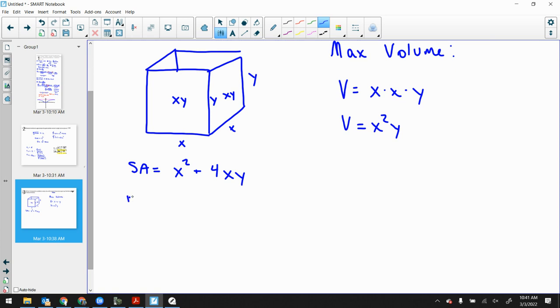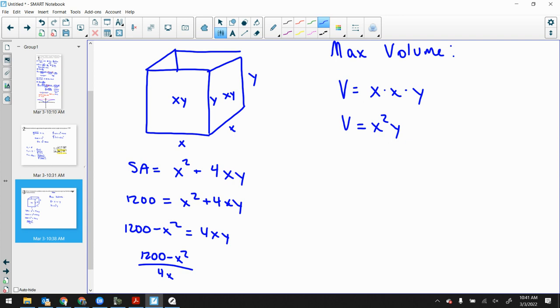Okay, so that's going to be equal to 1,200. Let's move everything over to the other side. 1,200 minus x squared is equal to 4xy. I'm trying to solve for y here. Divide by 4x. So 1,200 minus x squared divided by 4x.